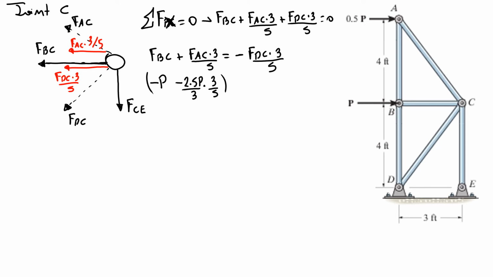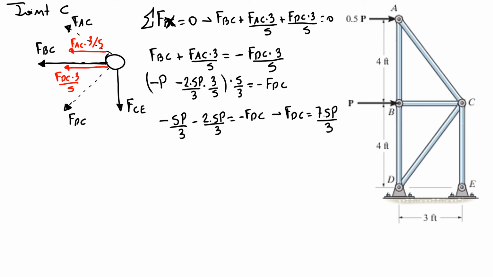That everything multiplied by 5 over 3 equals minus FDC. So here I have minus 5P over 3 minus 2.5P over 3 is equal to minus FDC. So I discovered that my FDC is equal to 7.5P over 3.